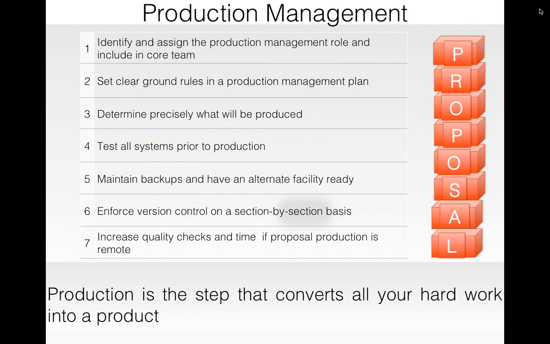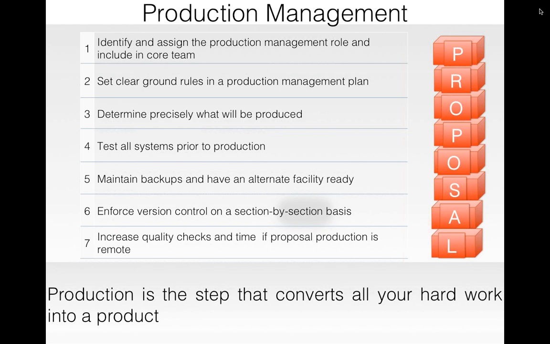And as I said, determine precisely what needs to be produced: whether you need to produce an electronic document, or a hard copy document, or whether the electronic document has to go on a USB or a CD-ROM drive. You need to determine this very precisely.